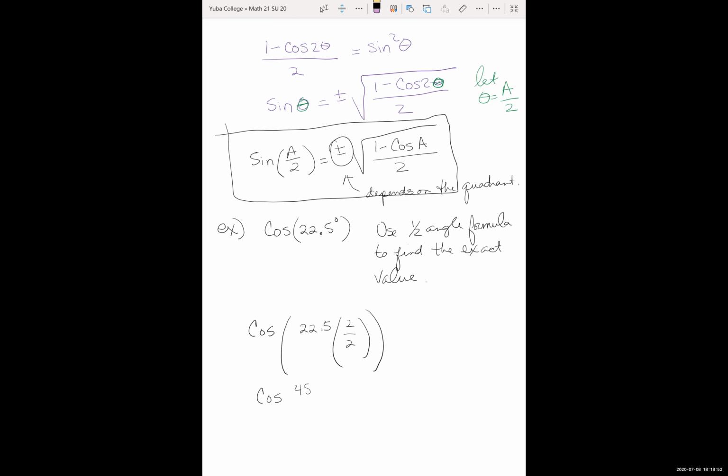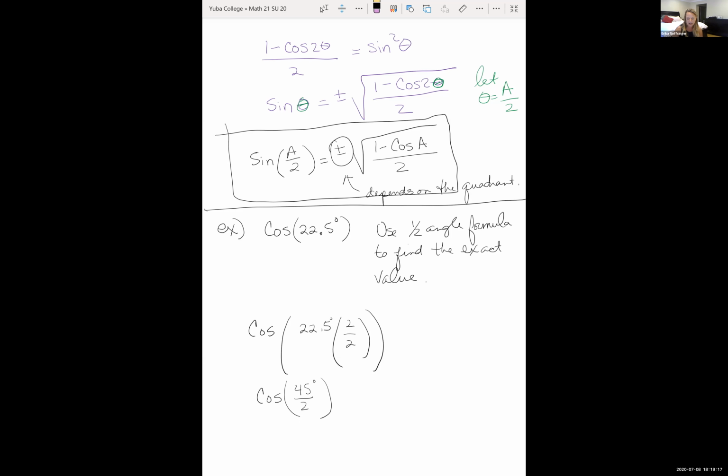Excuse me, Professor? How did you know to put 2 in for a? Where it says cosine 22.5 degrees times 2 over 2? Okay, because it told me I'm going to use the half angle identity.